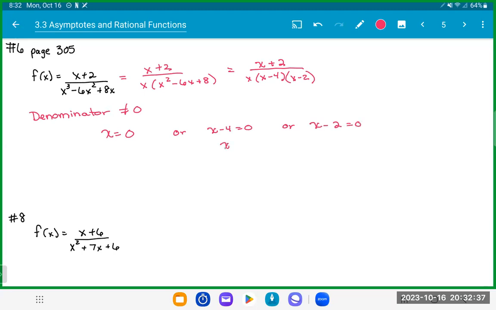So x equals 4 here, if I add 4 to both sides, and add 2 to both sides over here, that gives me x equals 2. So I will have vertical asymptotes at x equals 0, x equals 2, and x equals 4.